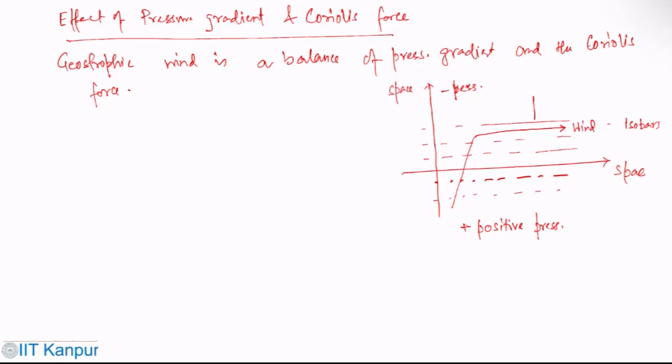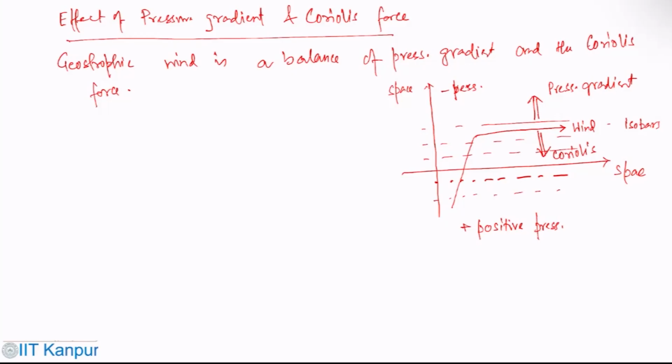This is the pressure gradient, and this side is your Coriolis.